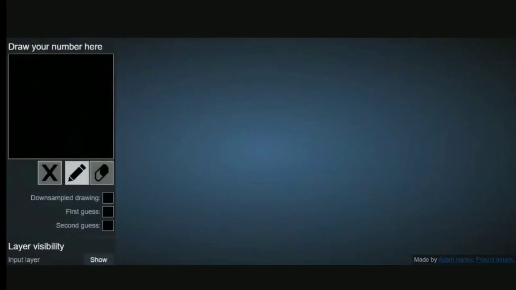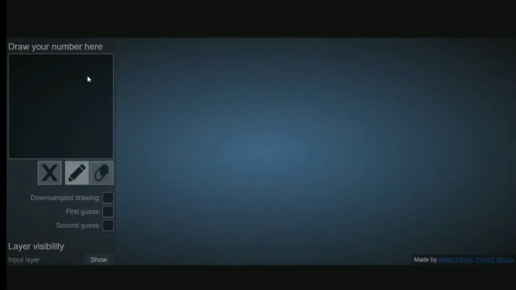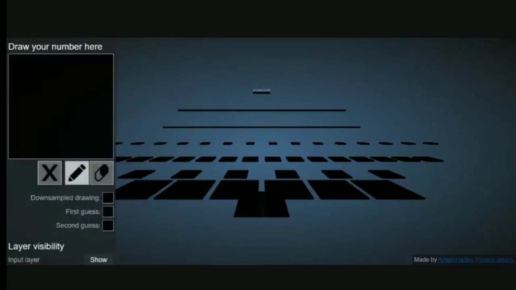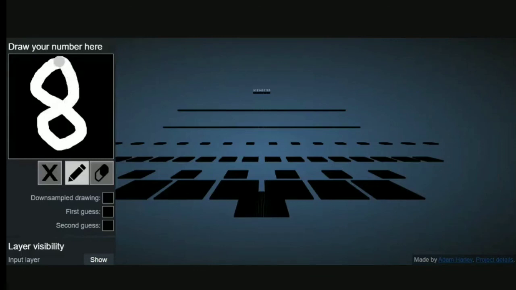Okay, now this is the 3D representation. Again I am going to draw 8. This is the 3D representation of the input image.